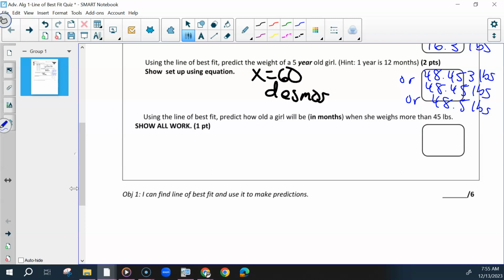Okay. And then the last one, we are now looking for how old the girl will be if she weighs more than 45 pounds. So you could have put in y equals 45.